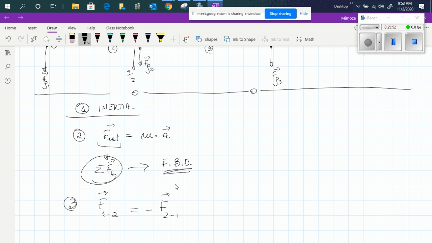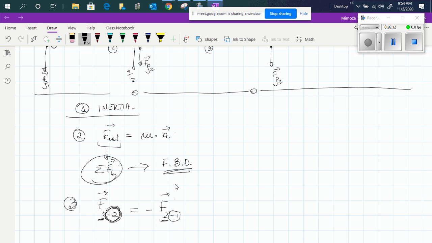Those two forces, if they were on the same object, would cancel out each other, but they do not cancel out because they are forces experienced by two different objects. This is the force that object 1 is experiencing as a result of the presence or contact with object 2, and this is the force that object 2 is experiencing as a result of the presence or contact with object 1. So they do not cancel out.